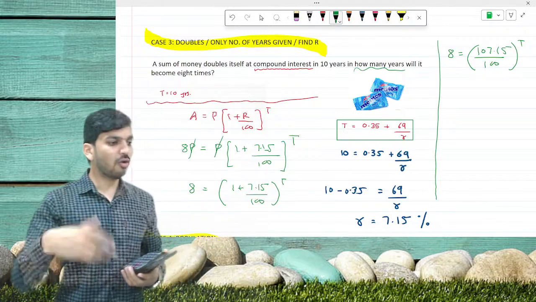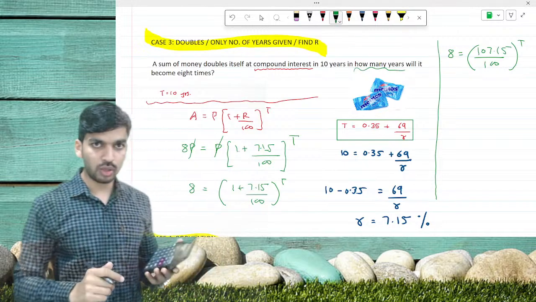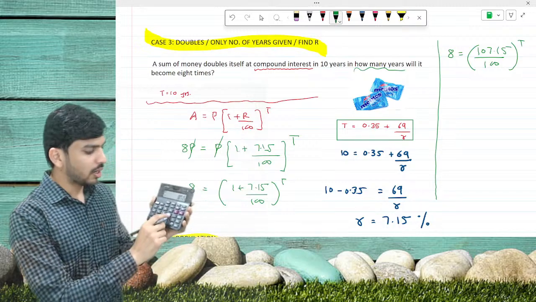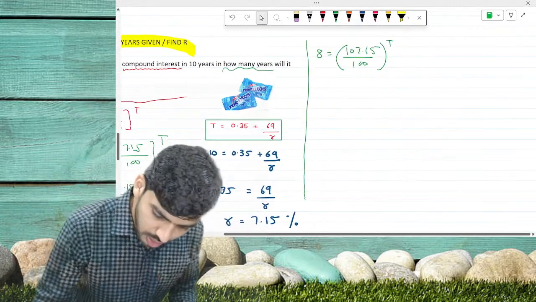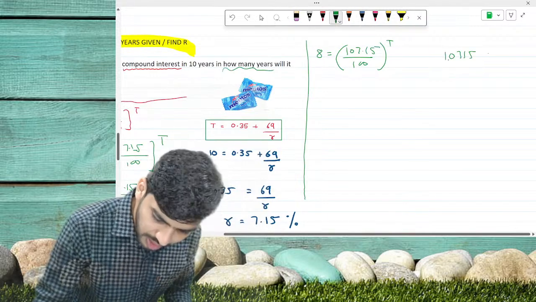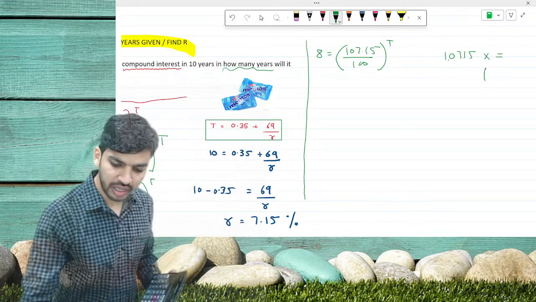Now on the calculator, the value you must be having is 1.0715. Now we need to find out the value of t. How to find out? All of you understand this very carefully. Type 1.0715, multiply, equal to, press these two buttons.